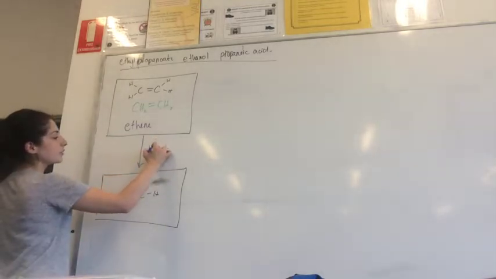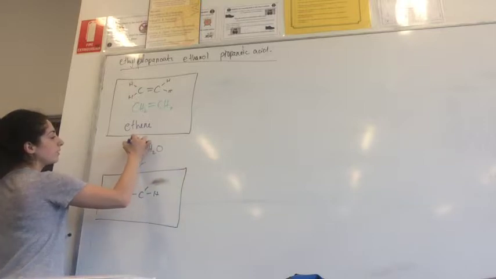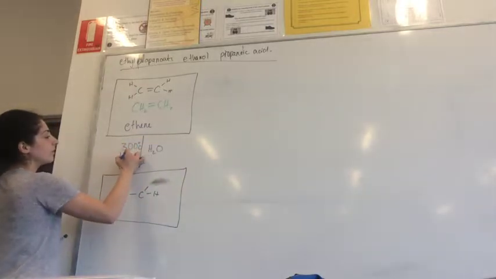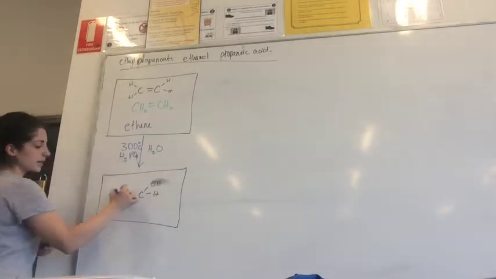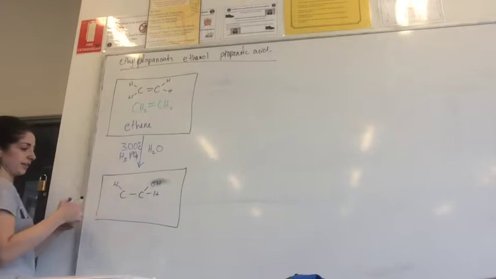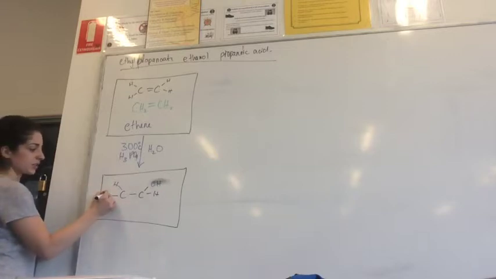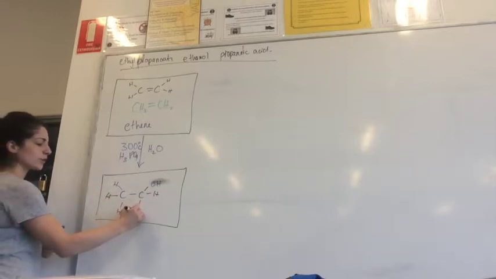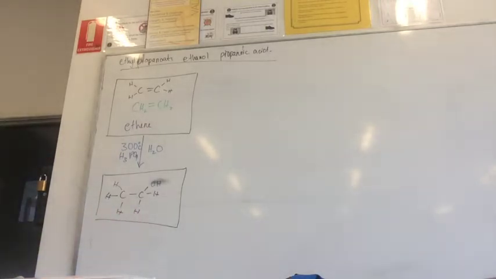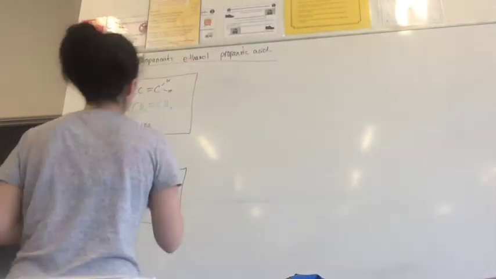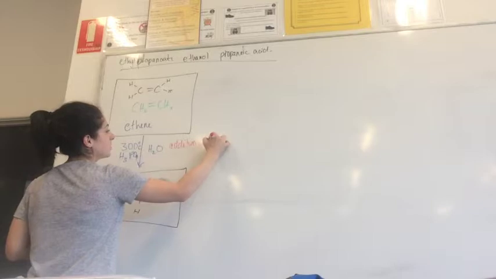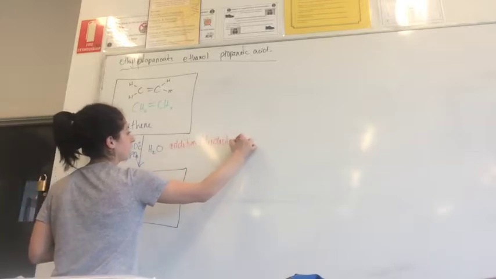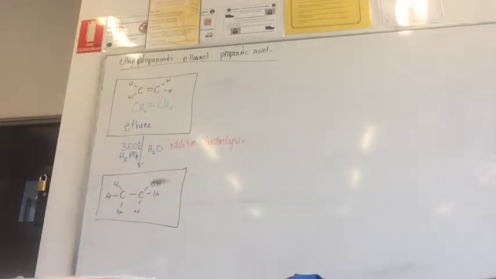So if I add H2O, 300 degrees Celsius, H3PO4 as my catalyst, then my OH goes here and my H goes here. What type of reaction is it? Very good. What's another word you could call it? Excellent. Addition / hydration.